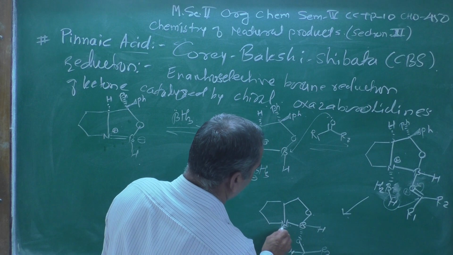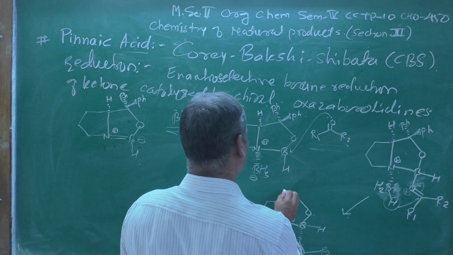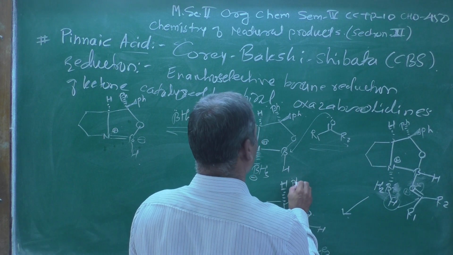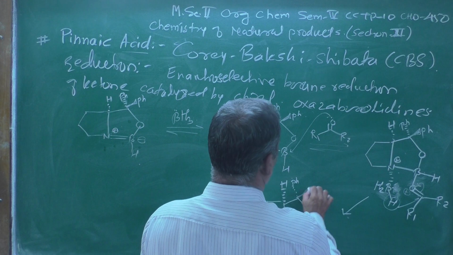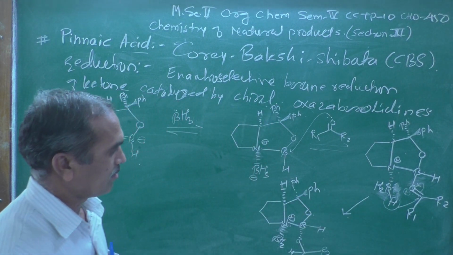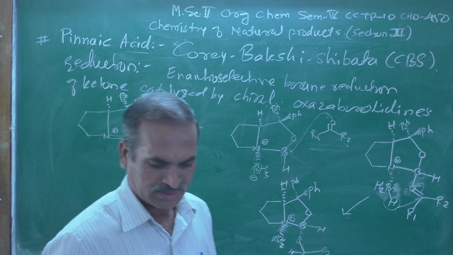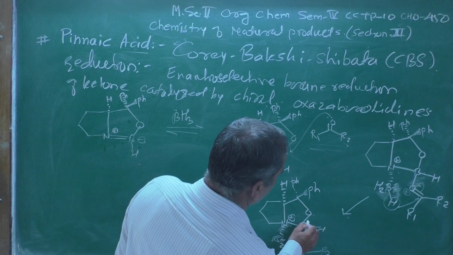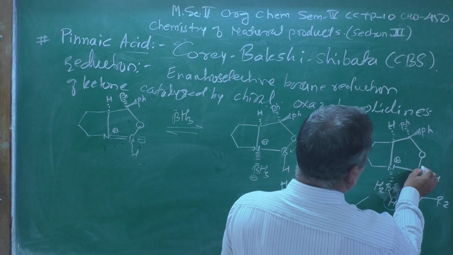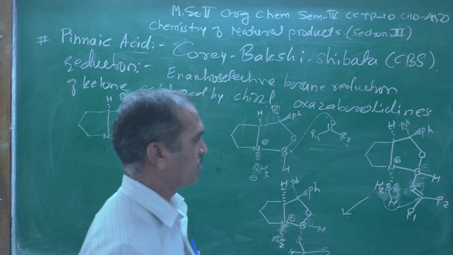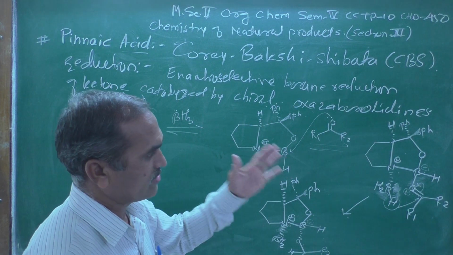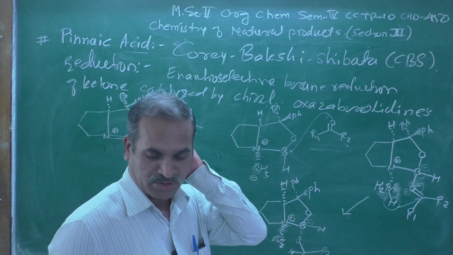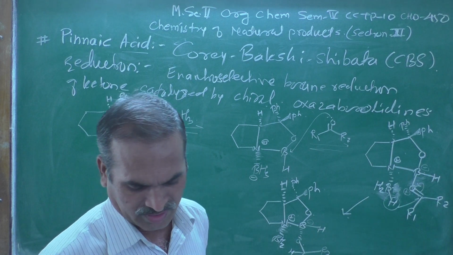So here we can show like this, BH2, positive charge over there, hydrogen atom we can show over here, one of the phenyl groups which I am representing below the plane, another phenyl group which I have shown above the plane, and here the negative charge on this boron atom, because whenever boron exceeds 4 bonds, it must have a negative charge, and therefore there is a possibility of transfer of hydrides.